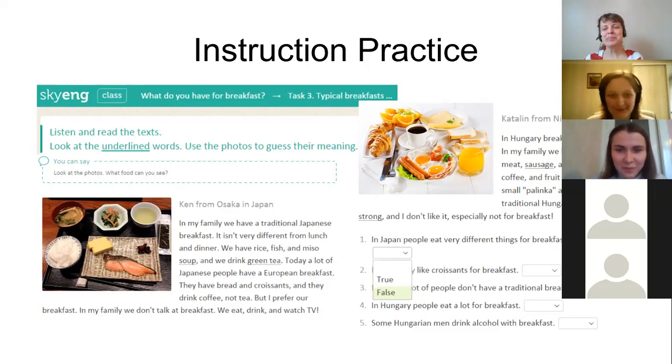Okay, but you named quite a lot of things people have for breakfast. So which picture looks like your typical breakfast? I think picture number 2 with sausages, eggs. Yeah, okay, very good. So now let's read the text and concentrate on the underlined words. Yeah, so you have to figure out the meaning of the underlined words.